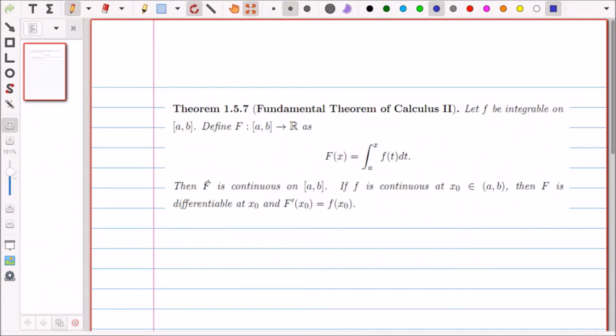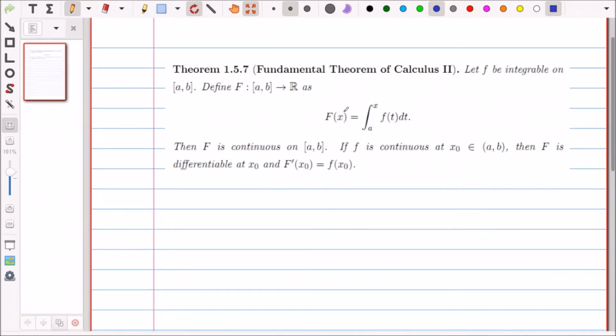Moreover, if small f is continuous at some point, then capital F is differentiable at that point, and the derivative of F at that point is equal to the value of small f at that point. So basically, when you integrate f you get capital F, and when you differentiate capital F you get small f. So they are inverse of each other, right?